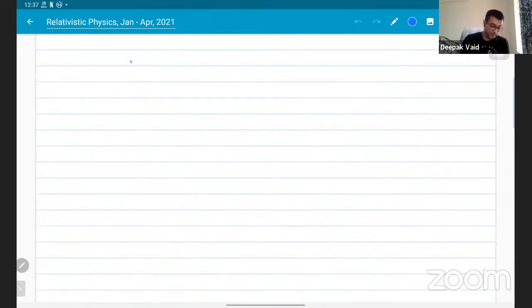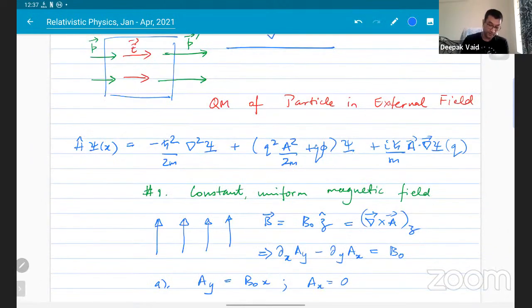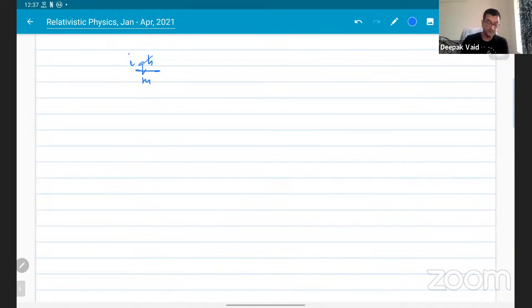So now we have this term, which is i q h bar over m times A dot gradient of psi, right?